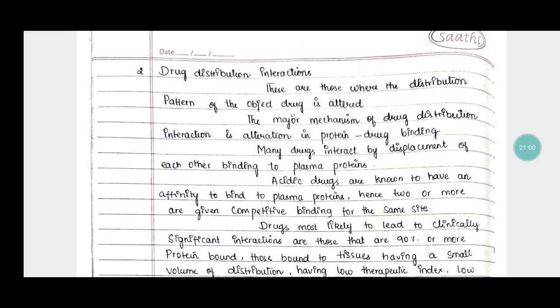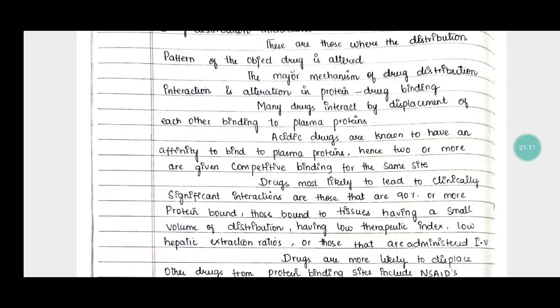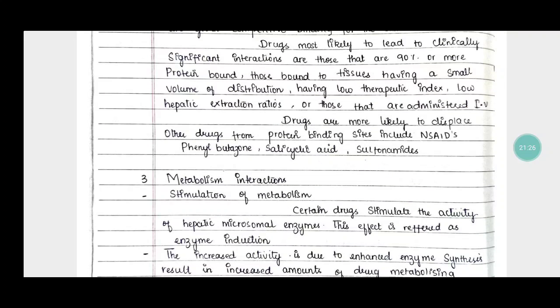The drugs more likely to lead to clinically significant interactions are those that are 90% or more protein bound, have a small volume of distribution, a low therapeutic index, low hepatic extraction ratios, or are administered intravenously. The drugs more likely to displace other drugs from the protein binding site include the NSAIDs, phenylbutazone, salicylic acid and sulfonamides, etc.